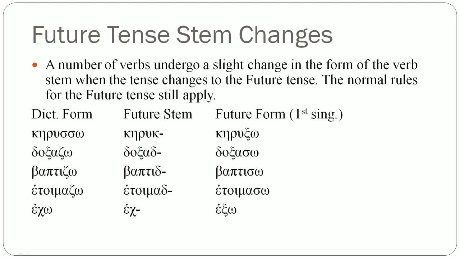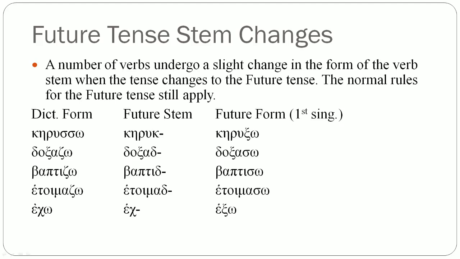Next word, be careful with this one. It is an epsilon, but notice if you look carefully, the breathing mark is turned around, so this is a rough breathing mark. So we're going to pronounce an H sound in front of the epsilon. This verb is said hetoimazo: epsilon, rough breathing mark, tau, omicron, iota, mu, alpha, zeta, omega.